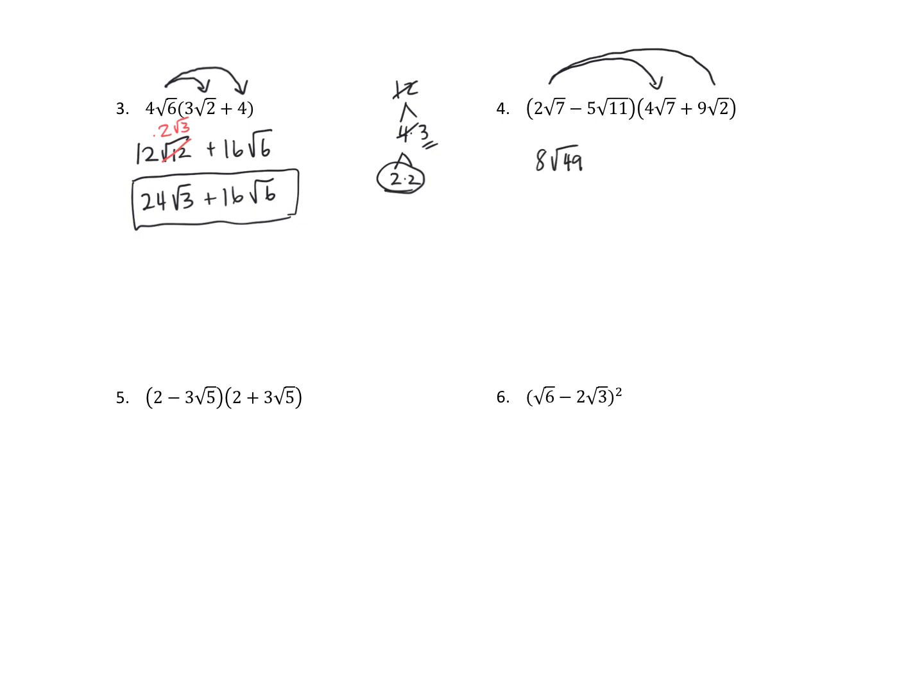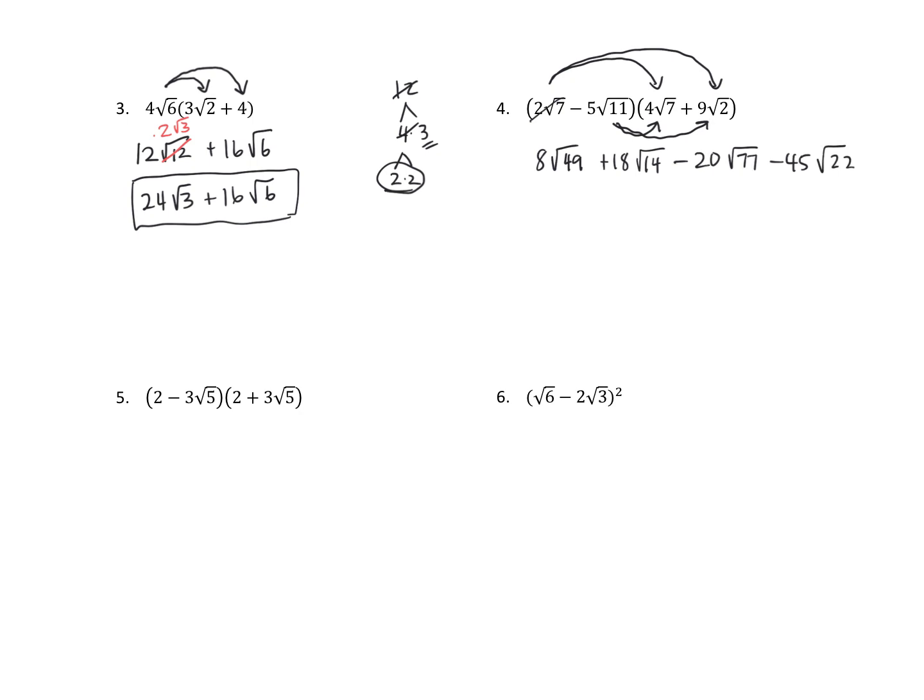And then we want to multiply there, and we get 18 square root of 14. We've distributed the 2 square root of 7. Now we're going to do the same thing with the negative 5 square root of 11. So negative 5 square root of 11 times 4 square root of 7 is negative 20 times the square root of 77. And then multiply here, and we get negative 45 times the square root of 22.